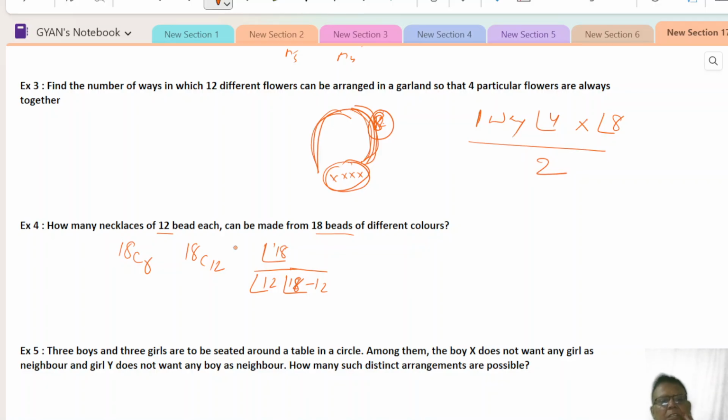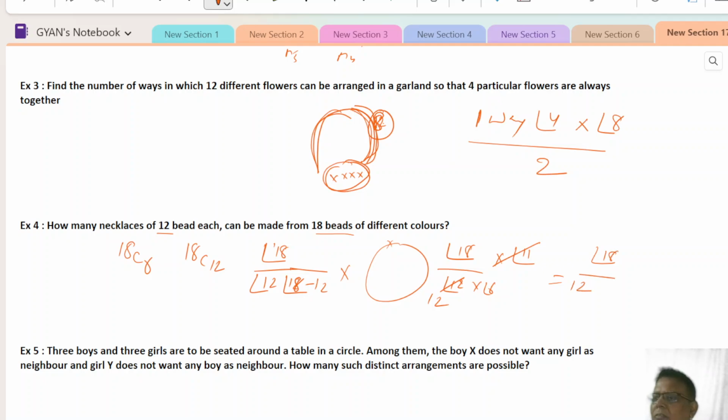So this is 18C12, that you have selected. Now you have selected 12 beads. So 12 beads in a circle, how many ways? 11, because 12 minus 1. So this one is factorial 18 over factorial 12 into factorial 6 into factorial 11. This factorial 11 cancels, this will be 12. So the answer will be factorial 18 divided by 12 into factorial 6.